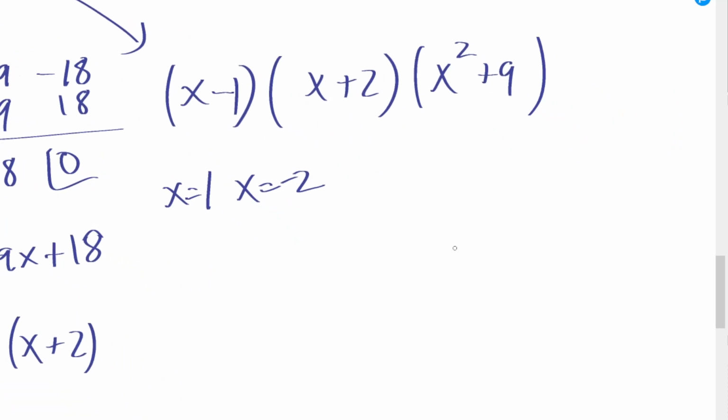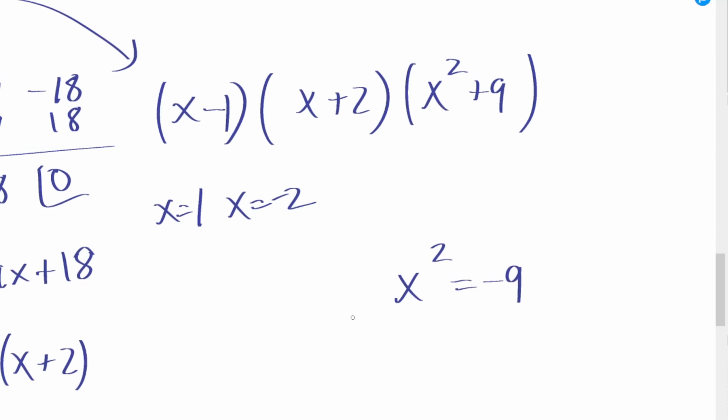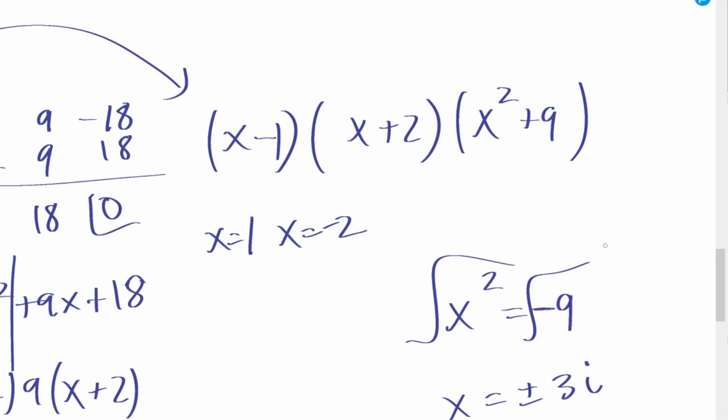So let's set this equal to 0. x squared equals negative 9, because I subtract 9 from both sides, square root both sides, and you will get x equals plus or minus 3i. Because the square root of 9 is 3, and we're taking out an i because there's a negative number on the inside there. So then we'll have x is equal to 3i, and x is equal to negative 3i.